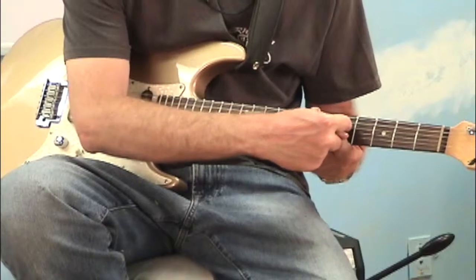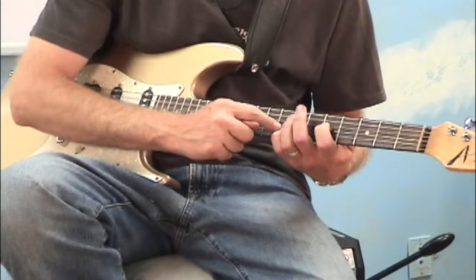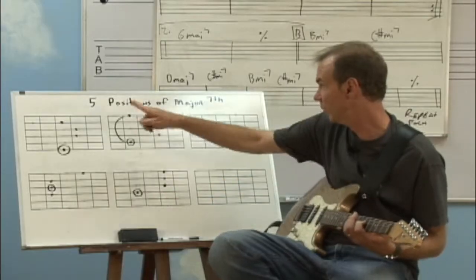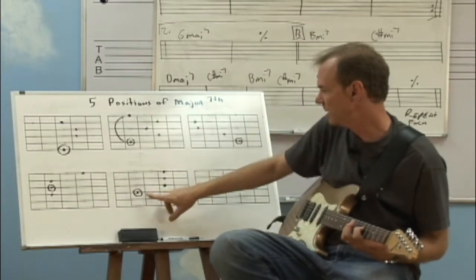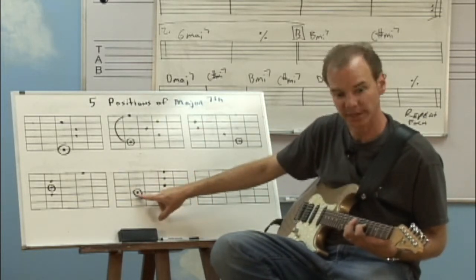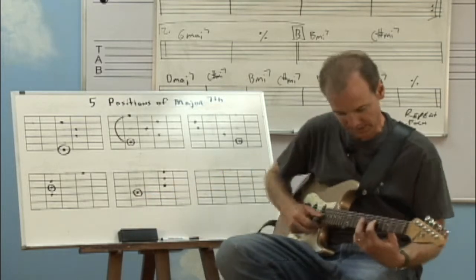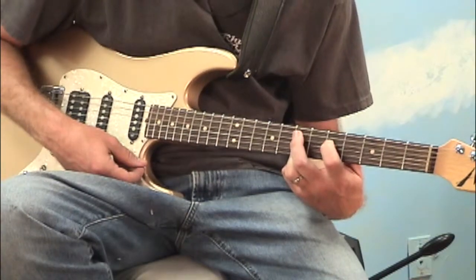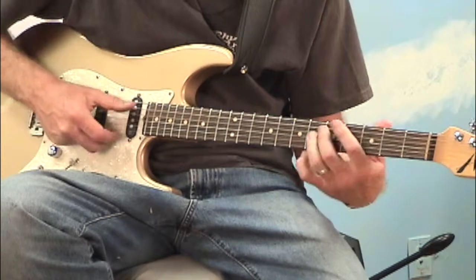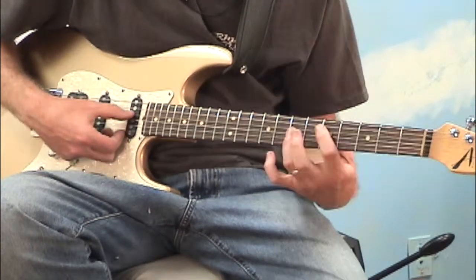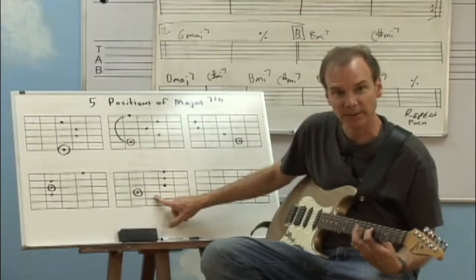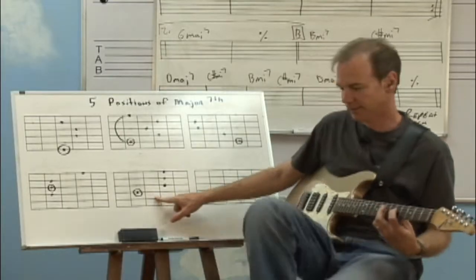The root is on the 4th string and on the 2nd string. And if you look at these forms right here, you'll realize the only root location that would fit in this shape is that one right there. There's the root on the 4th string. So that means that this would be the next position of G major 7th that you would play. If you play this one first, the next position of G major 7th that would be available would be this one right here. Okay, fair enough, right?